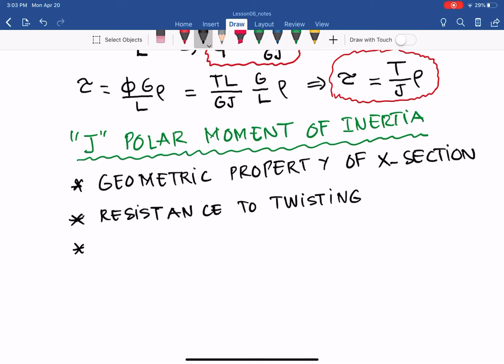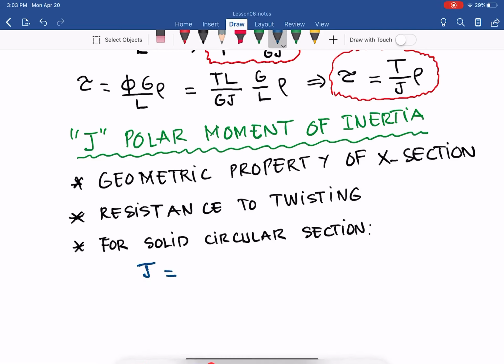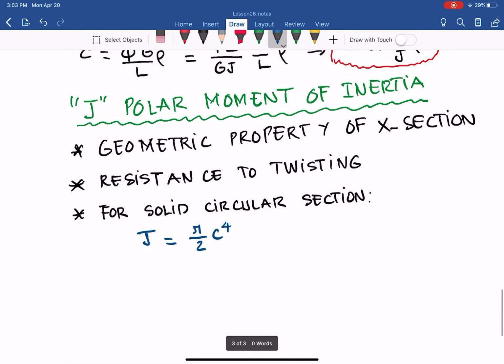And then, like I said, we only apply this for two scenarios. Both are circular sections, either solid or hollow. For a solid circular section, we have J equal to pi/2 c^4, where c is the radius.